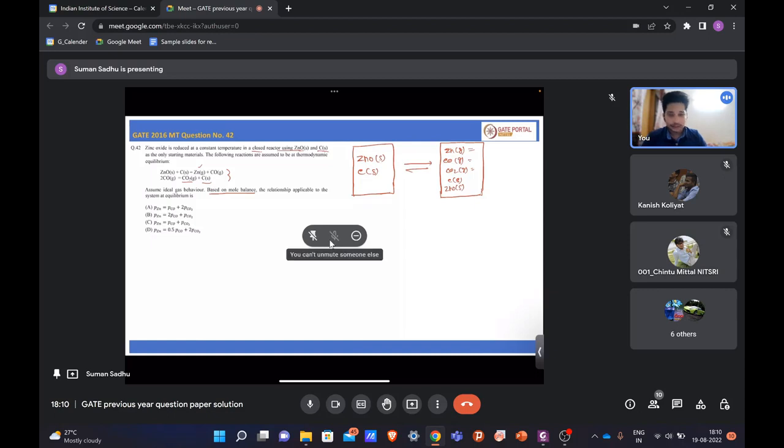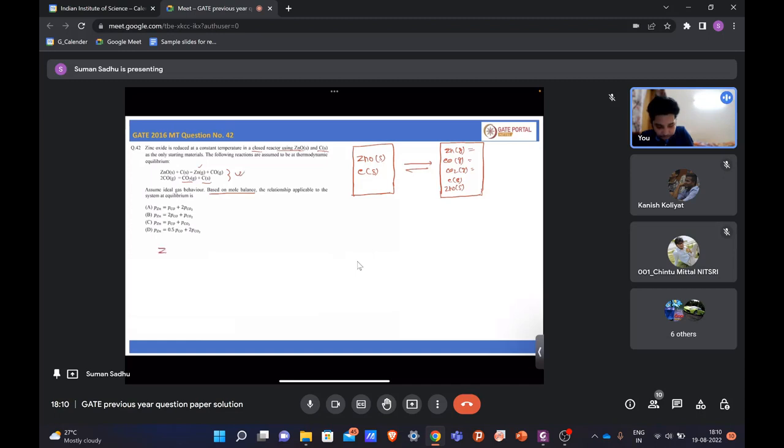Solids will not exert any pressure. So we have to know the total number of moles of these gaseous species present at equilibrium.